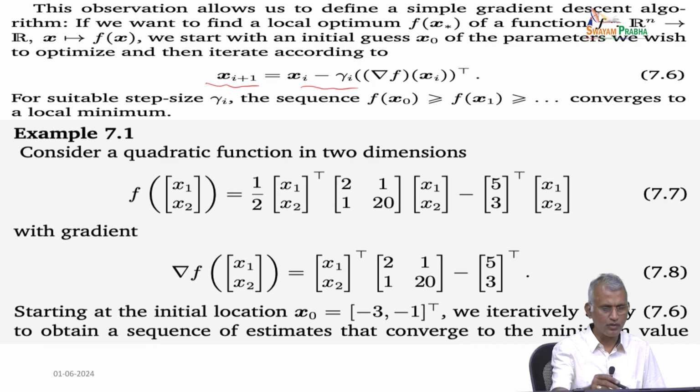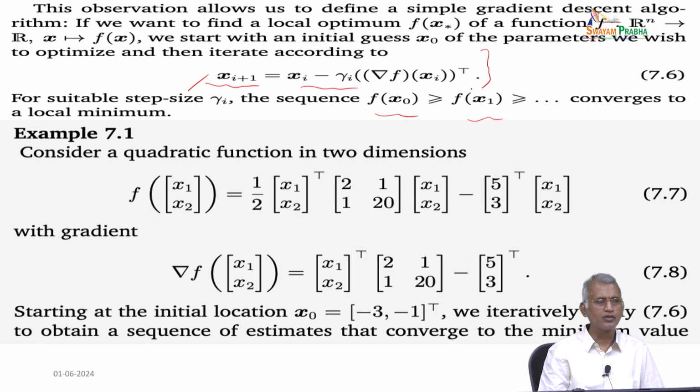With a suitable step size nu i, the sequence f of x naught, f of x1 and so on decreases and converges to a local minimum. So, this is the theory. We have to understand how the iteration process works.